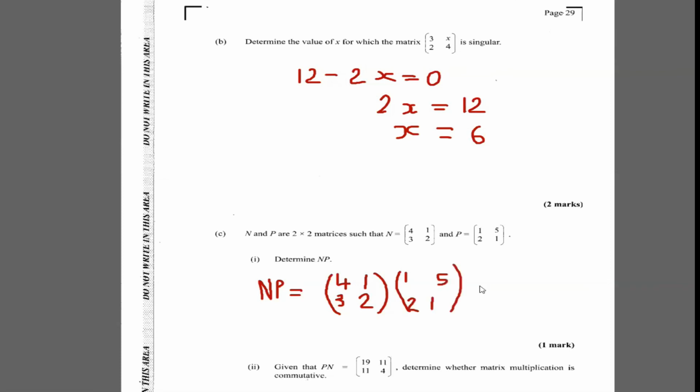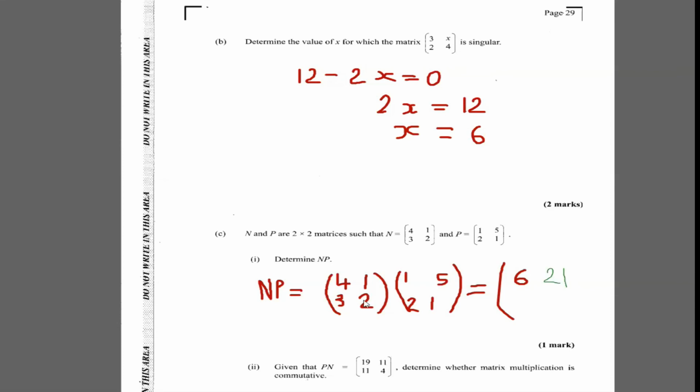All right, so when we multiply them across, it's going to be row by column. 4 times 1 is 4, plus 1 times 2. So that's 4 plus 2, which is 6. Then row by column: 4 times 5 is 20, plus 1 times 1 is 21.